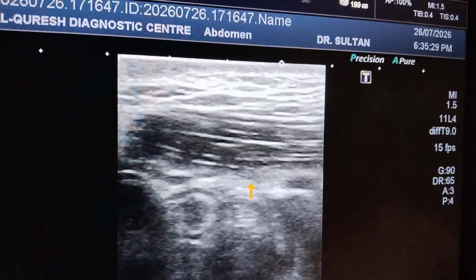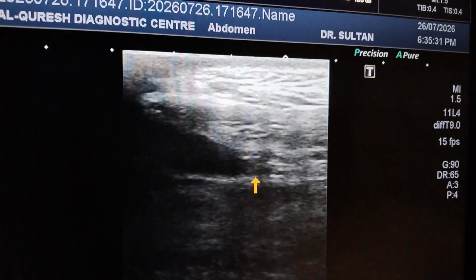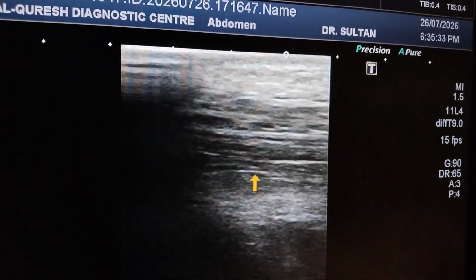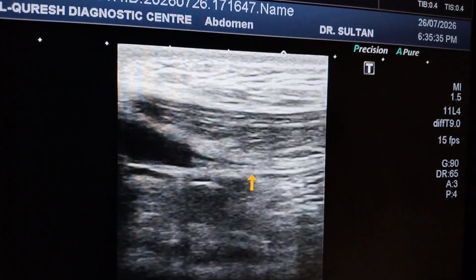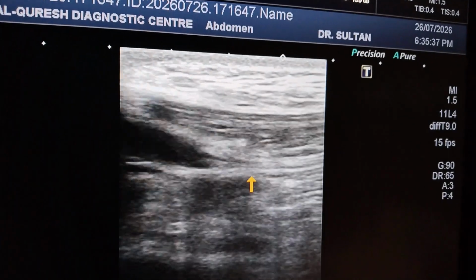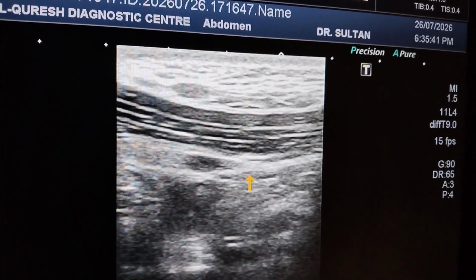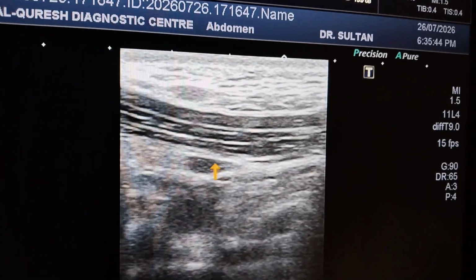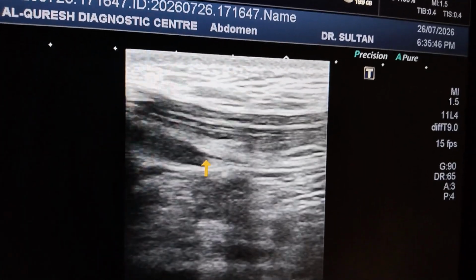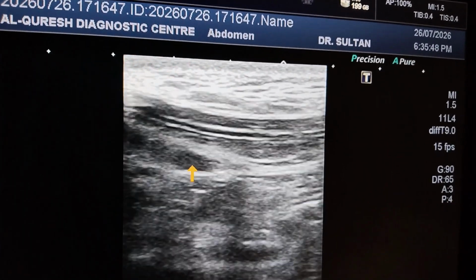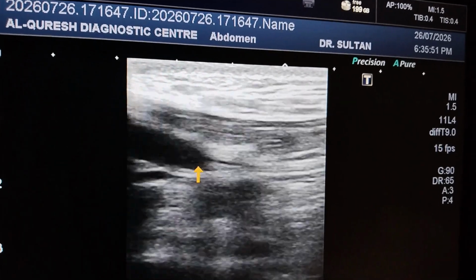I have placed a high frequency probe at the umbilical region, in the longitudinal direction. I am going to follow this one. As we know, this is the pathway, the sinus coming from the umbilicus.